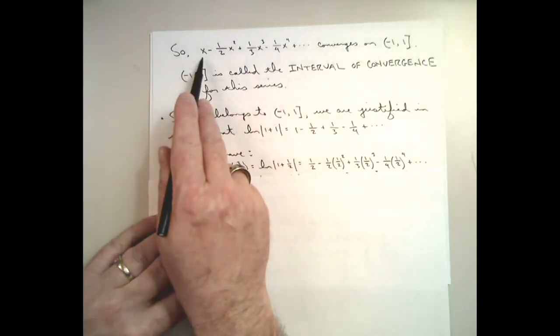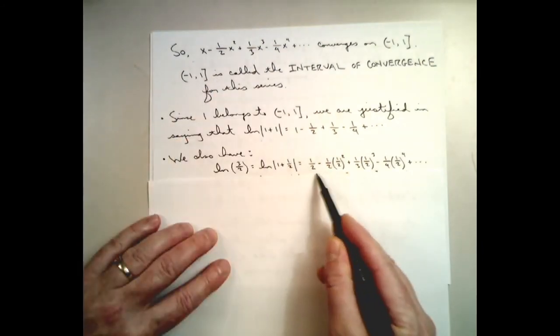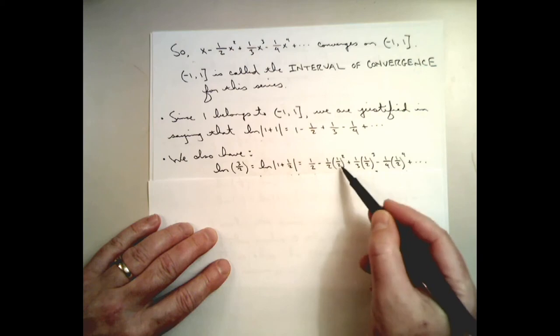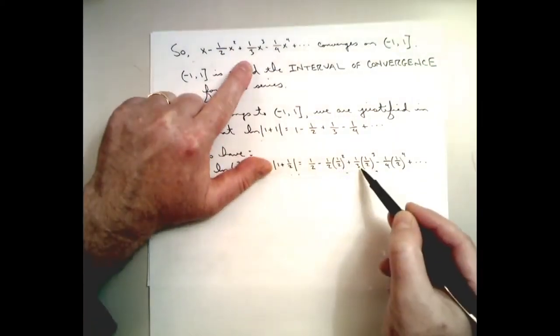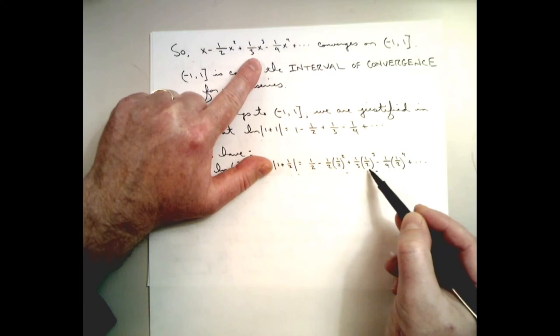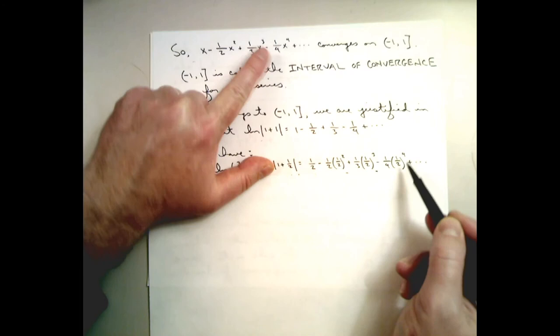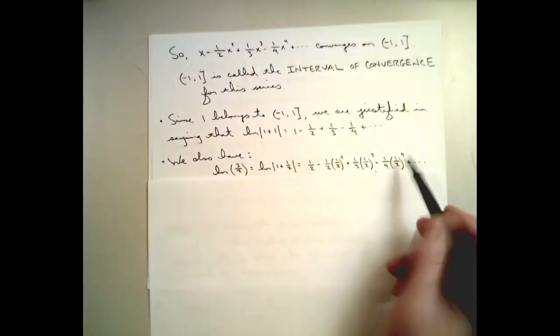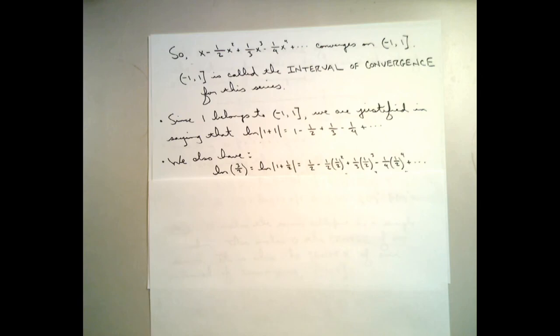In place of each of our x's, I'm going to substitute 1/2. So that says 1/2 minus 1/2 times 1/2 squared plus 1/3 times 1/2 cubed minus 1/4 times 1/2 to the 4th, and so on. So this is a series giving us exactly the natural log of 1.5.